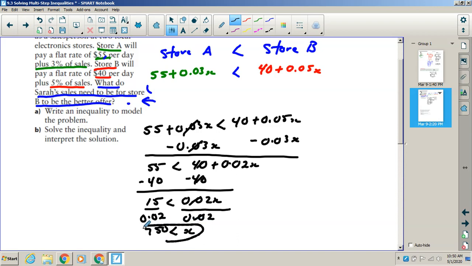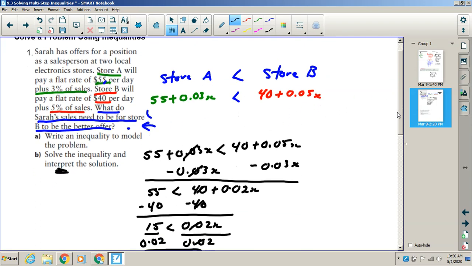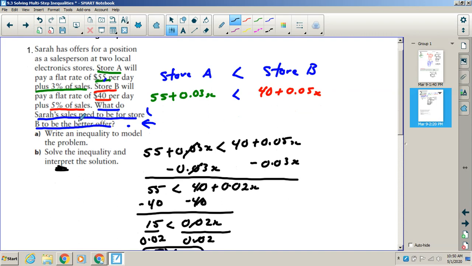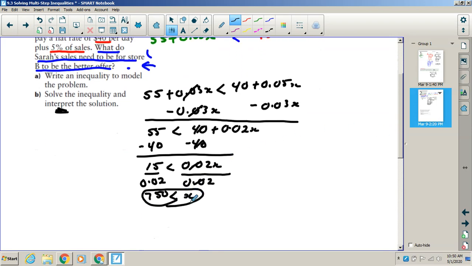So now I need to interpret the solution to this question. It asks, what do Sarah's sales need to be for store B to be the better offer? What this tells me is her sales are represented by x. Her sales have to be greater than $750 per day for store B to be the better offer. That would be the interpretation of that solution.